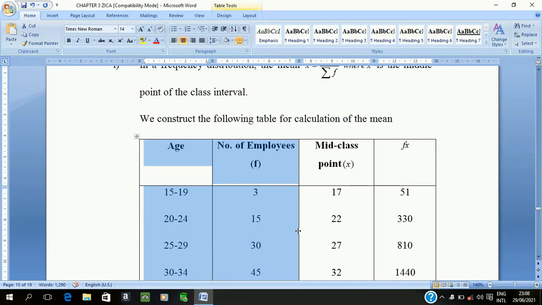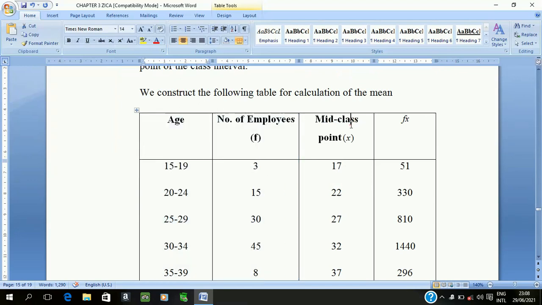Now that we are given grouped data, how do we get the x value? The x value is simply the midpoint of the classes that we have. So we create a column where we can calculate the x value.